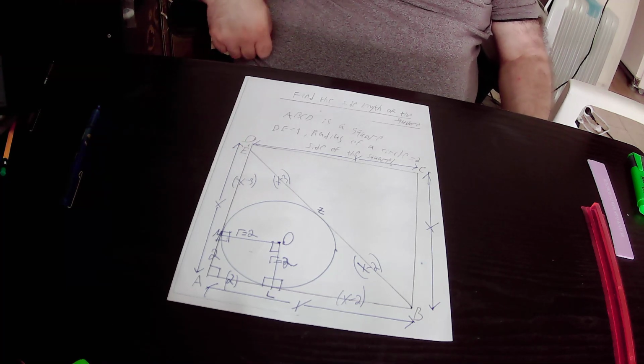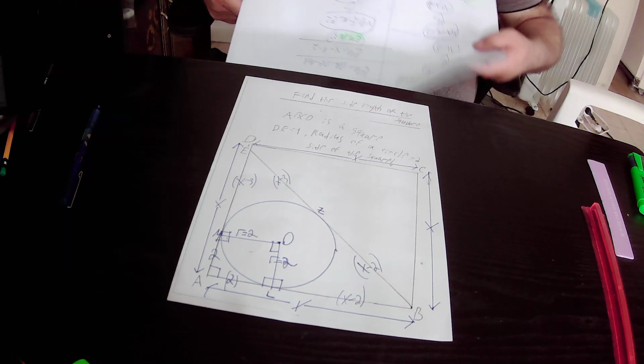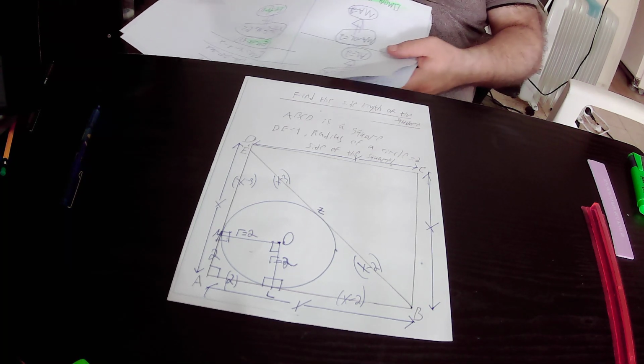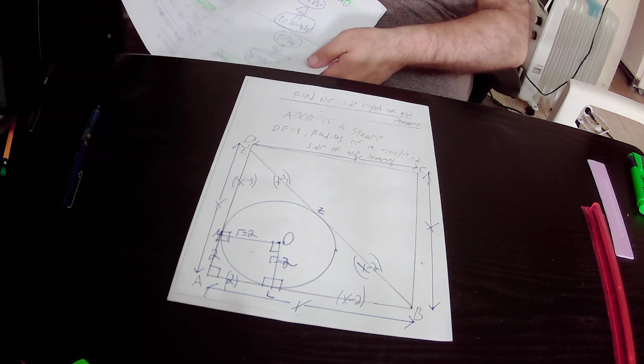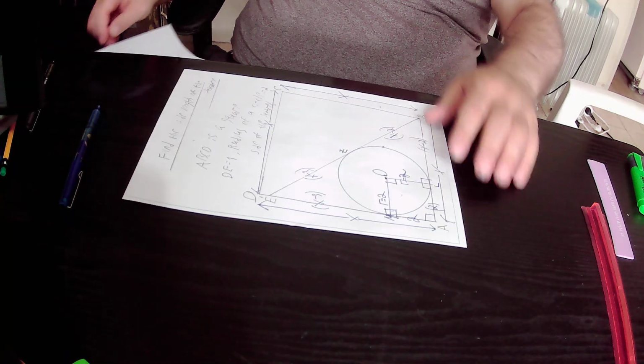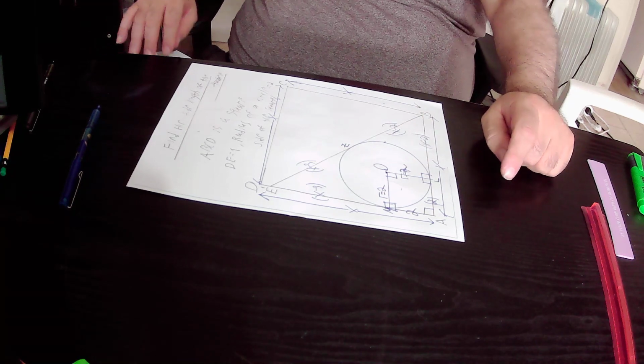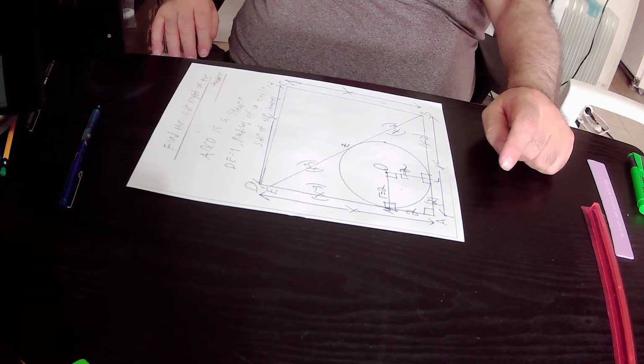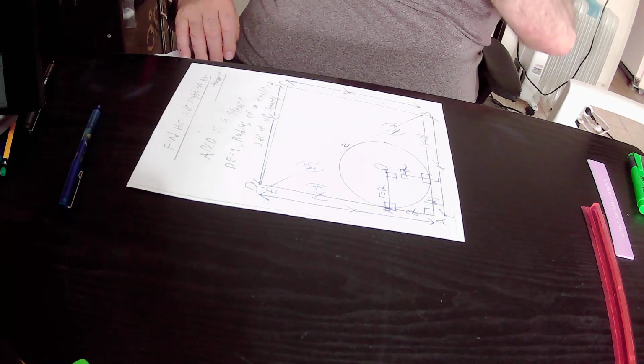Then I presented to you rule number 1. According to rule number 1, a tangent to a circle is perpendicular to the radius drawn to its point of tangency. So here OM is the radius of this circle that is equal to 2 units, so R equals 2 units.